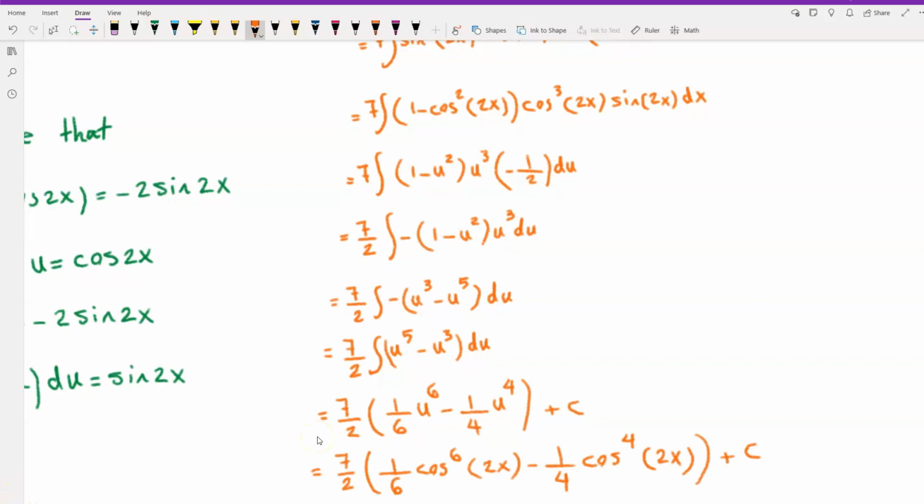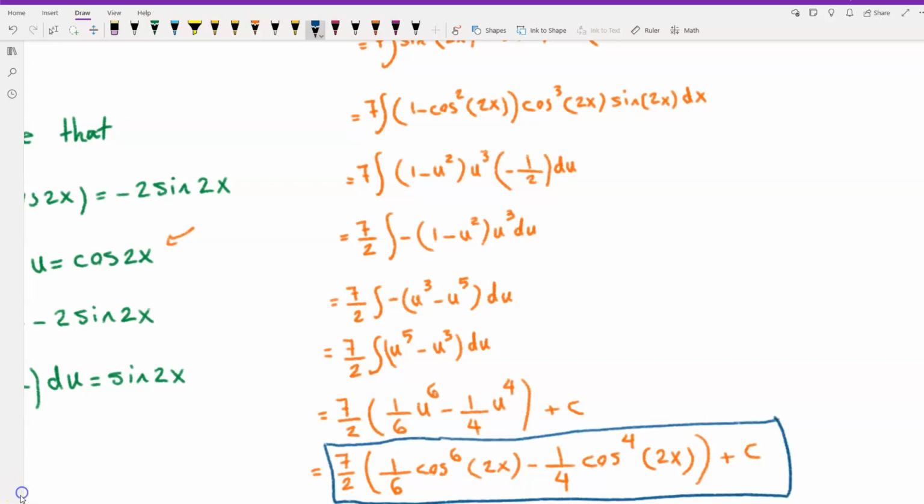Now instead of u, we use cosine 2x, so what we had on this part, our answer is 7 over 2 times 1 over 6 cosine to the 6th power 2x minus 1 over 4 cosine to the 4th power 2x plus our constant. So this is our final answer for this part.